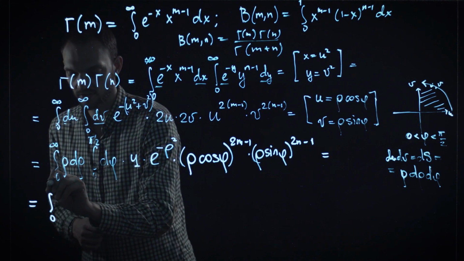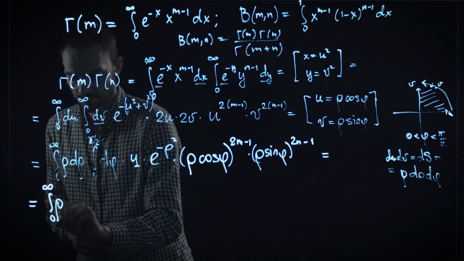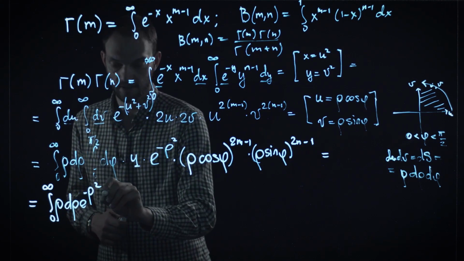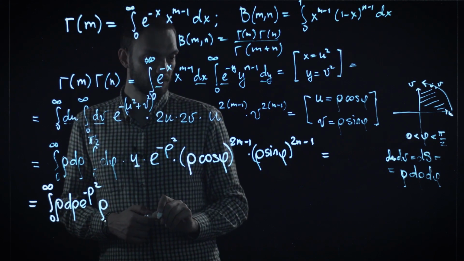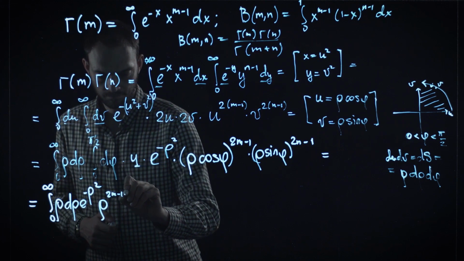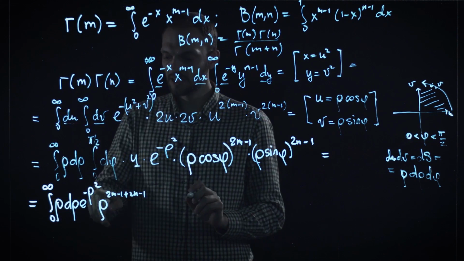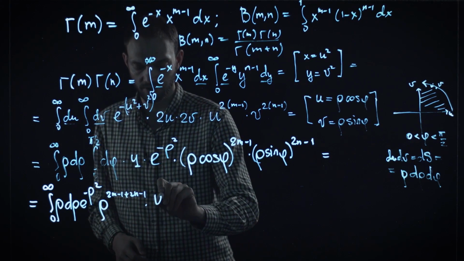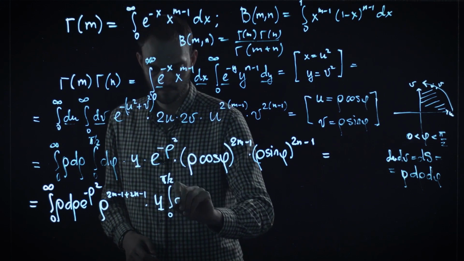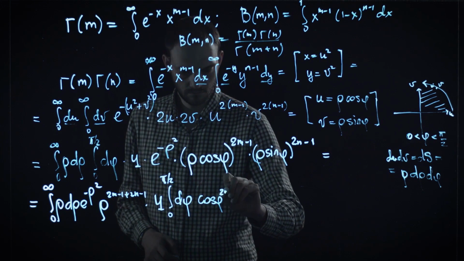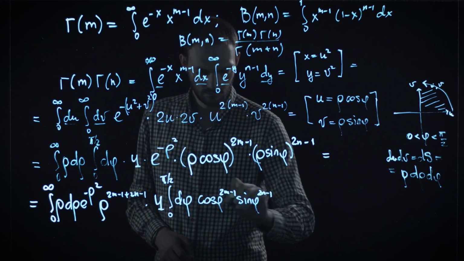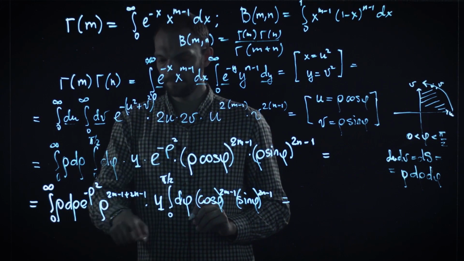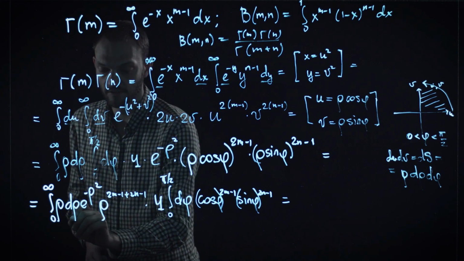So first let us consider the integral over rho. This is this factor, and finally rho to the power. So this is everything which is about rho integration. Now comes phi integration. The next step is to perform this integral explicitly, and it's relatively straightforward.